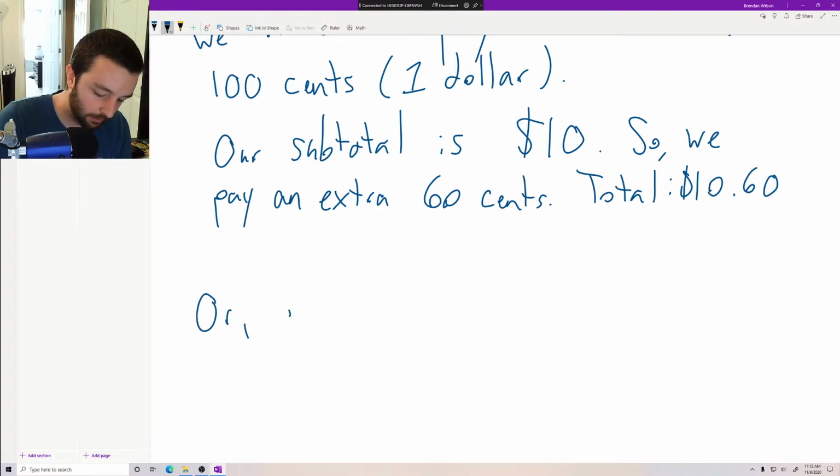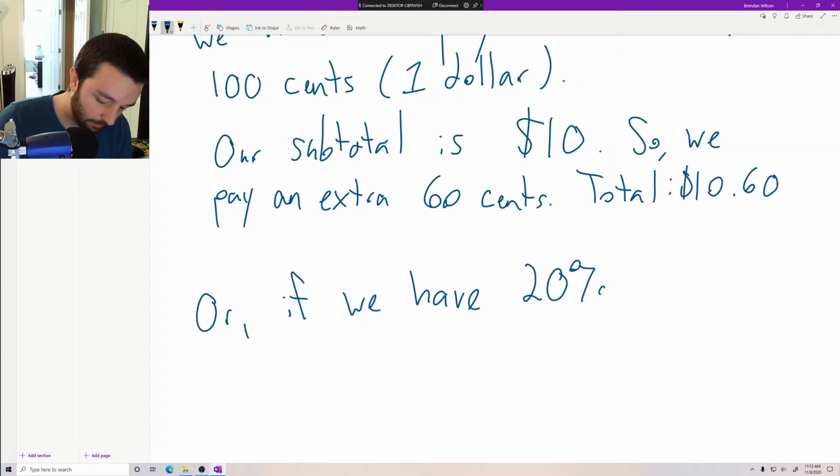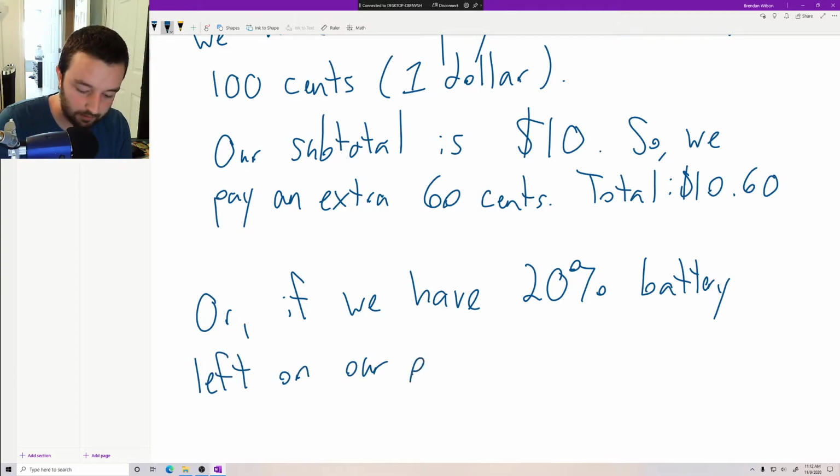Or for a simpler example of what we're talking about, say if we have 20%, I don't know, let's say like battery left on our phone.